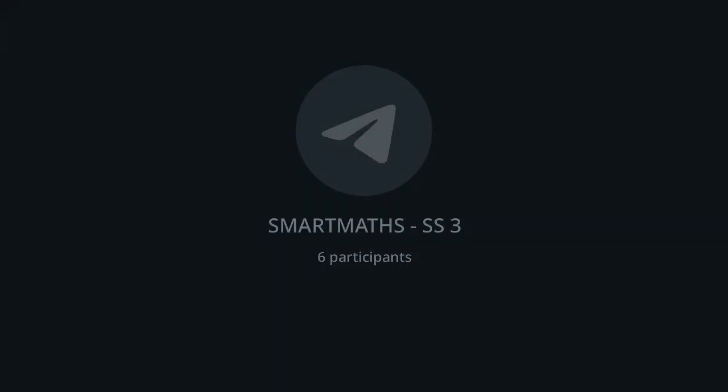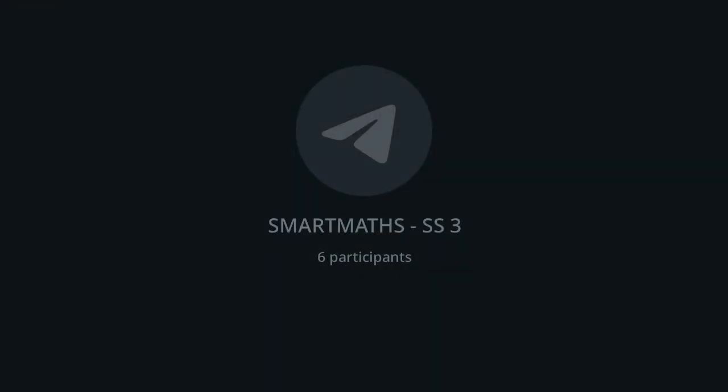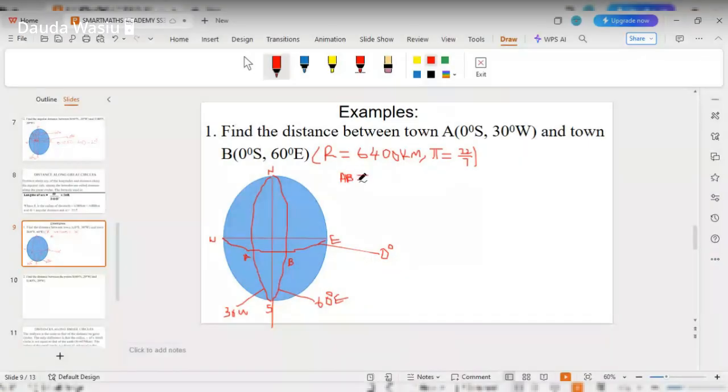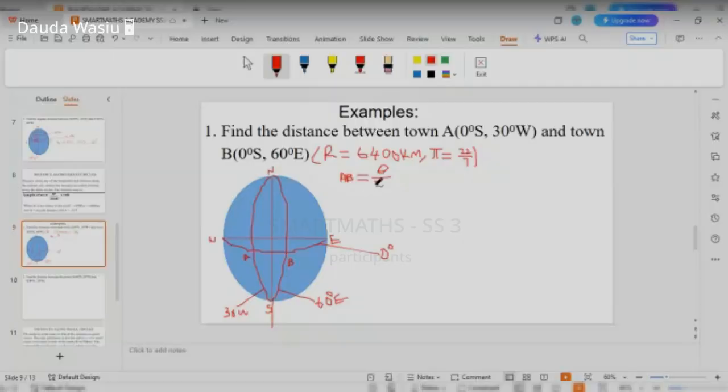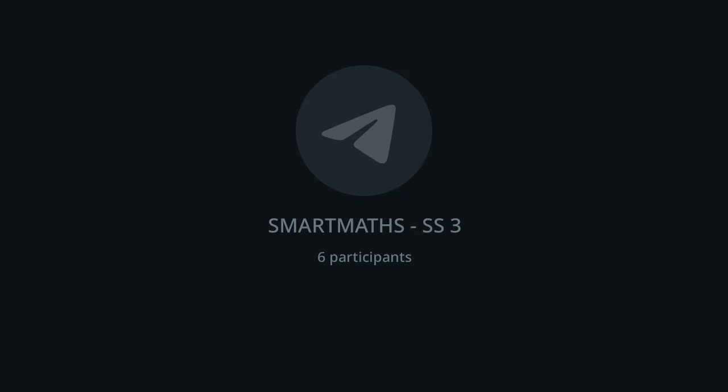You have AB equals theta all over 360 multiplied by 2 pi r.